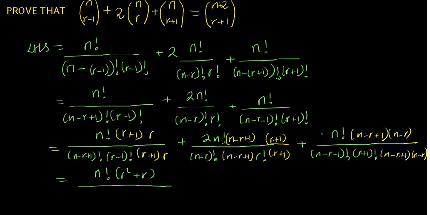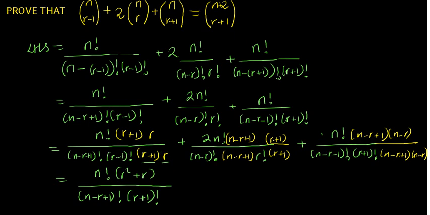Okay, first let's write this one. That is the (n minus r plus 1) factorial. And then r plus 1, if you remove a 1, it will give you r. If you remove a 1, it will give you this one. So this is the biggest number amongst these three. So you can just say this is (r plus 1) and then put a factorial, because we can remove a 1 to give us this. Remove a 1, it gives us this one, and then we can put a factorial there.